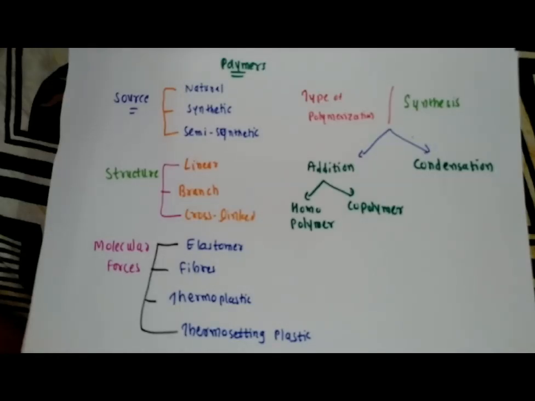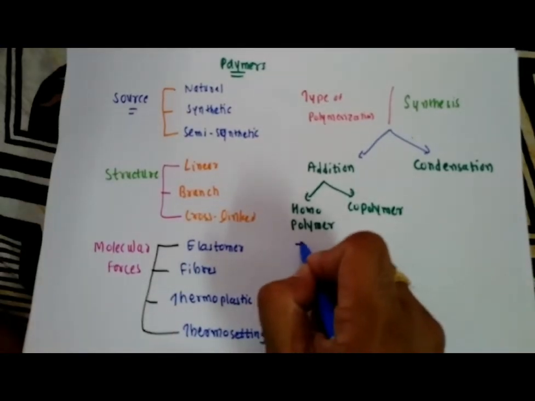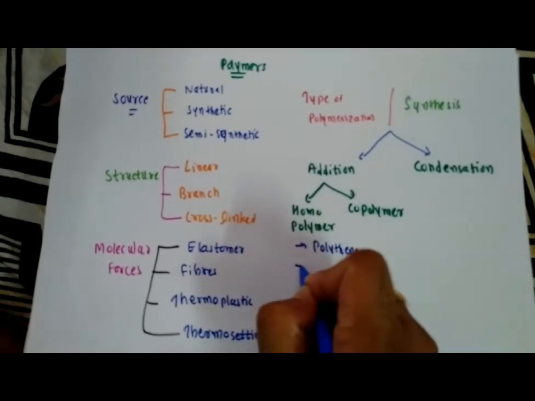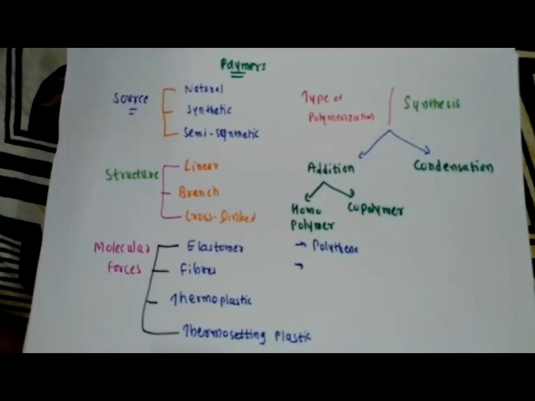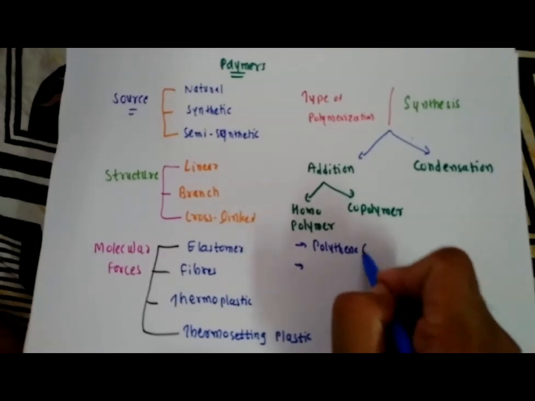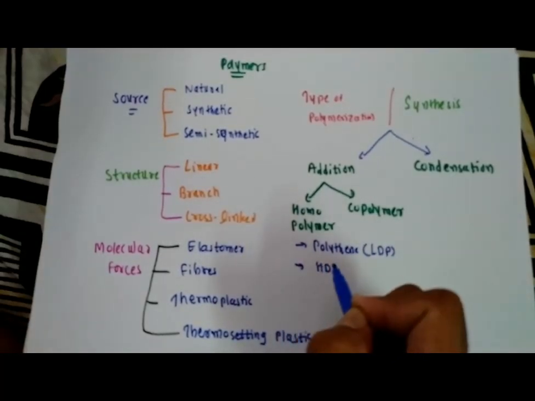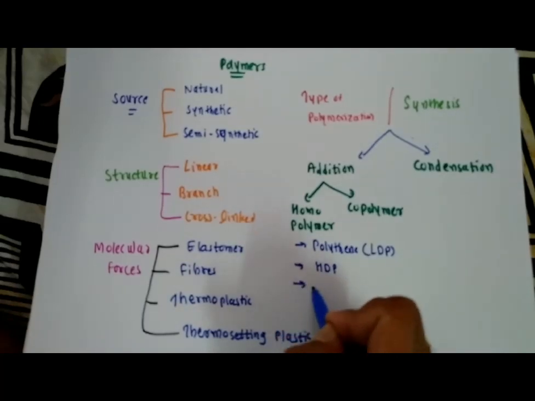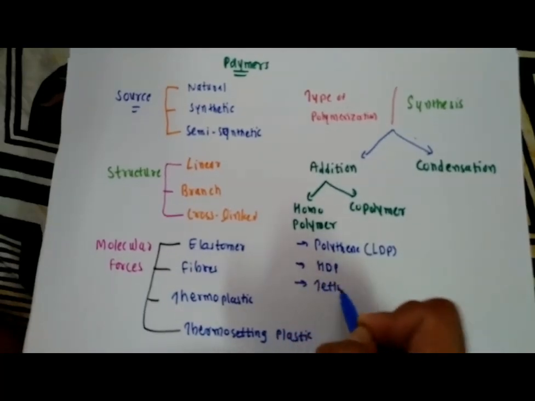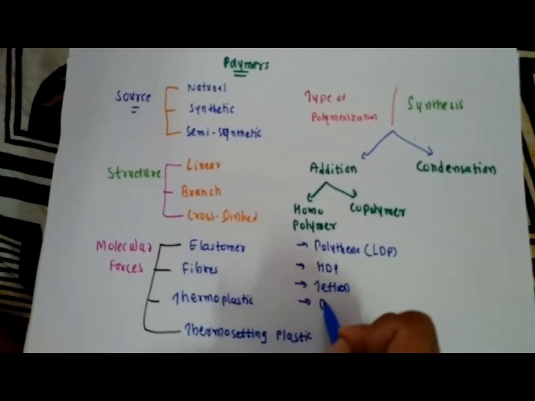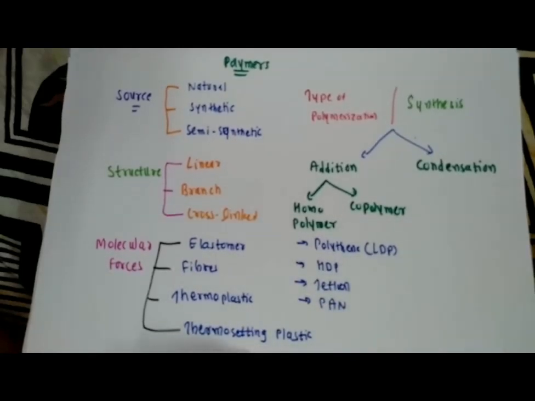Okay, so addition polymers are: first is polythene, mainly LDP, second is HDP, third is Teflon, fourth is polyacrylonitrile, that is PAN.